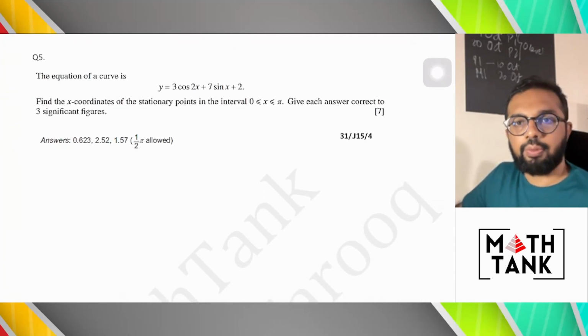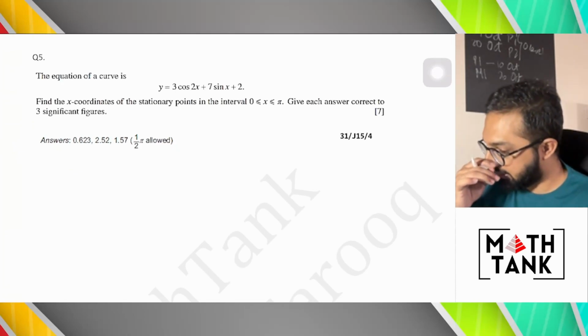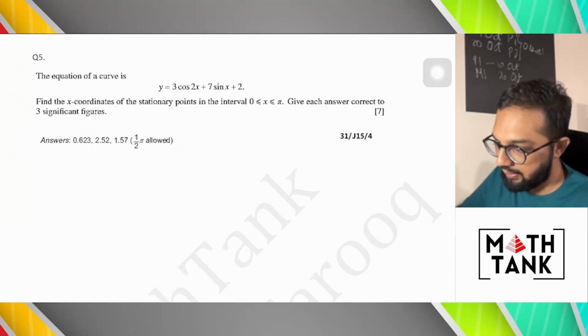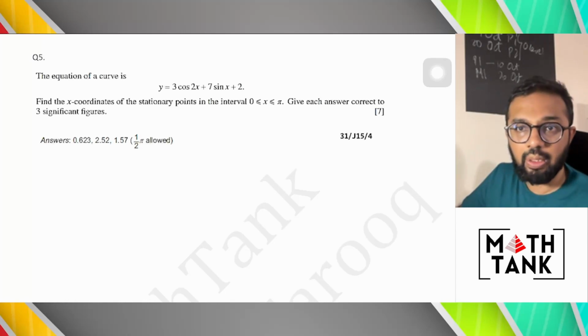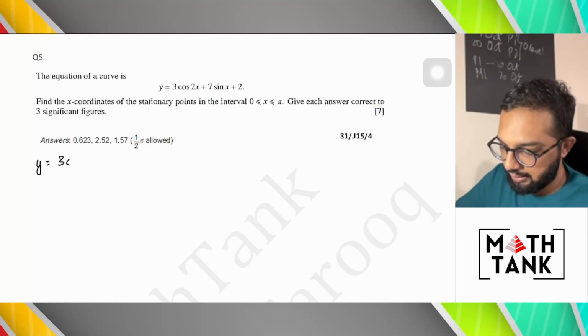Let's look at question number 5. It says the equation of a curve is this. Find the x-coordinates of the stationary points in the interval x is between 0 and pi, giving each answer correct to 3 significant figures. Again, I am going to differentiate this and say that this looks relatively simple though.